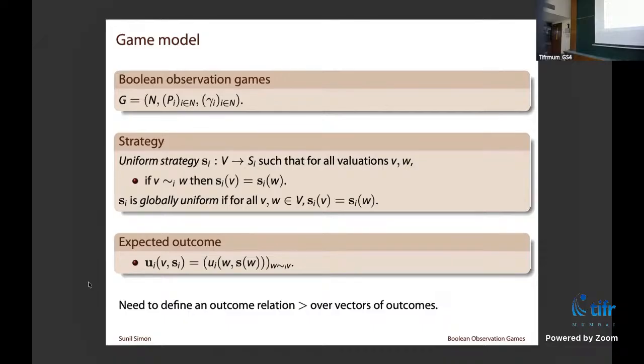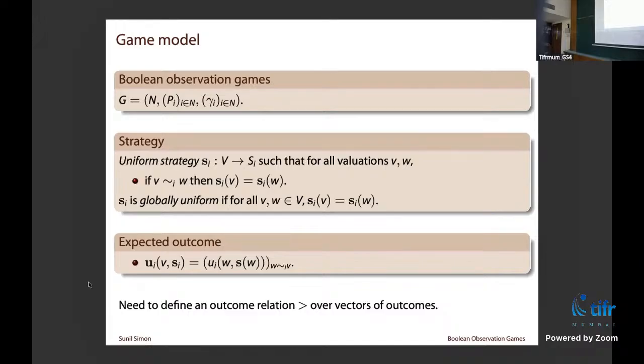Now, if you fix a valuation, then you have either a 0 or 1, depending on whether the goal is set. But the valuation is not really fixed because you have to look at all possible valuations that you cannot distinguish, in that class. So what you essentially get is a tuple of these ones and zeros. That's what we called expected outcome. It's not one number, it's the entire tuple.